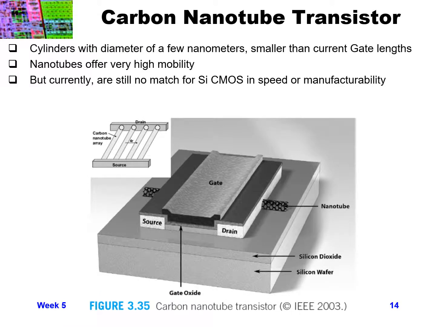So one last type of circuit element that I'll mention is basically what's called a carbon nanotube transistor. This is basically you create cylinders with very small, just a few nanometers diameter, which are basically smaller than current gate lengths that we have for traditional silicon or even the FinFET designs.